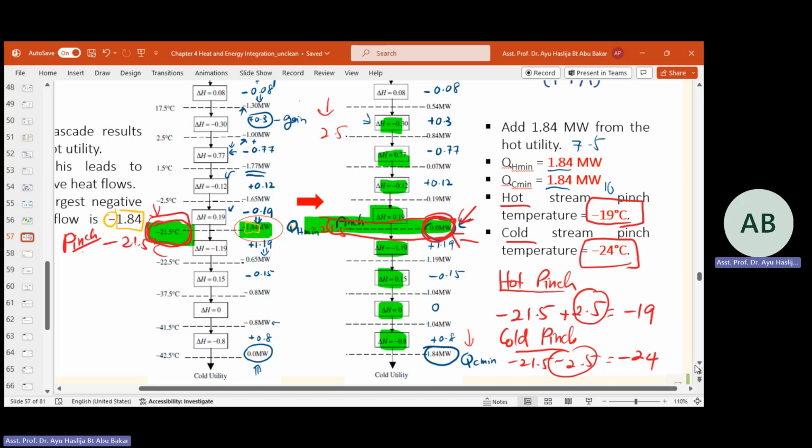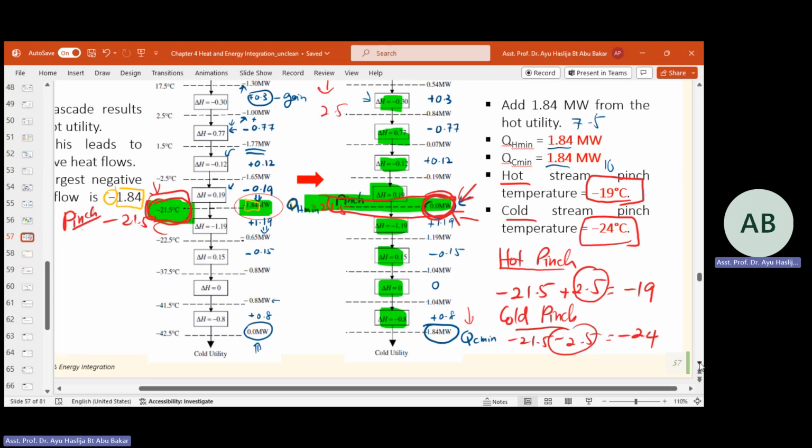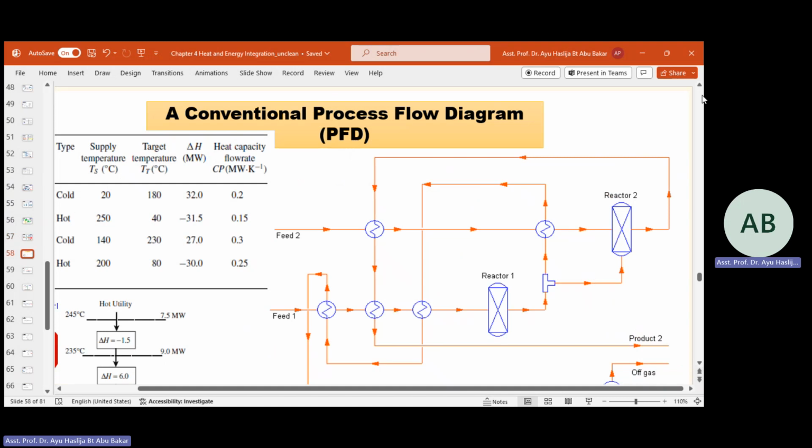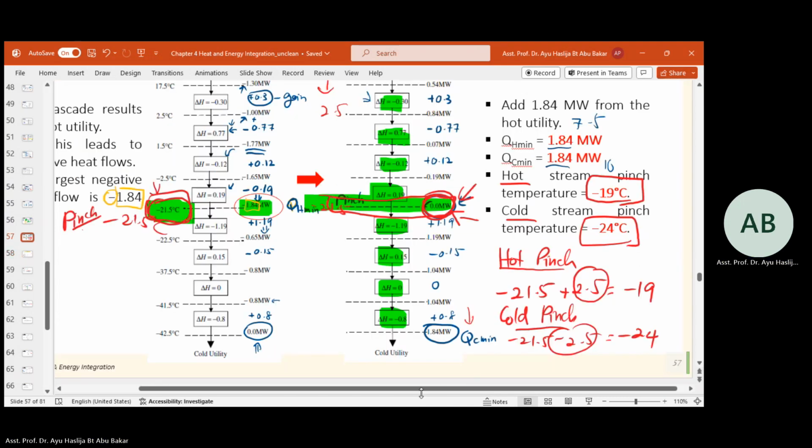That's a question for you to think about, how to find out the heat recovery for heat cascade. Again, composite curve and heat cascade, the QH min, QC min should be the same. Any question before I move to the next one? Yesterday's example, any question? All clear?